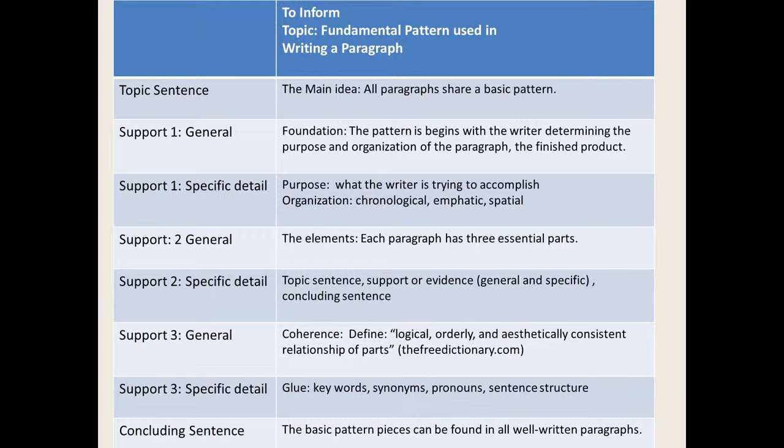There must be something that holds these together. I can use a definition. Coherence is the logical, orderly, aesthetically consistent relationships of parts. My definition comes from thefreedictionary.com. I want to hold it all together through the use of keywords, synonyms, pronouns. The basic pattern pieces can be found in all well-written paragraphs.